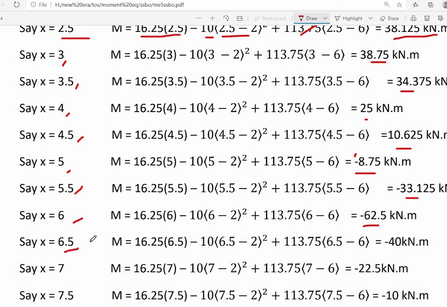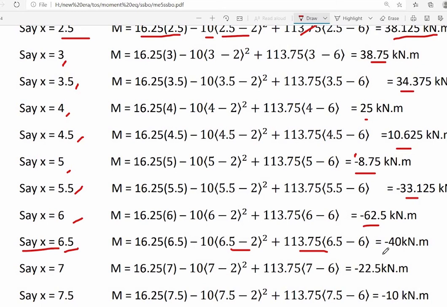At x equal to 6.5 meters, we can observe that 6.5 minus 2 is positive. So therefore, the second term of the equation will exist. On the third term of the equation, we can also observe that from this point, 6.5 minus 6 is a positive number. Therefore, the third term of the equation will exist at x equal to 6.5 meters.